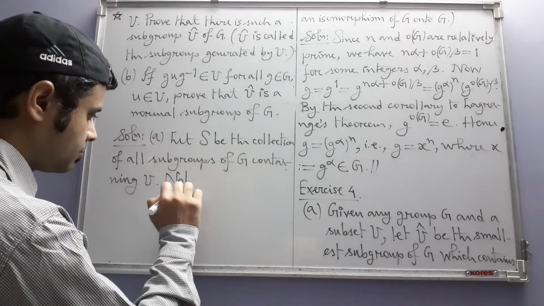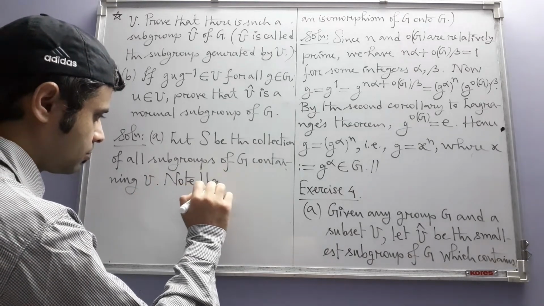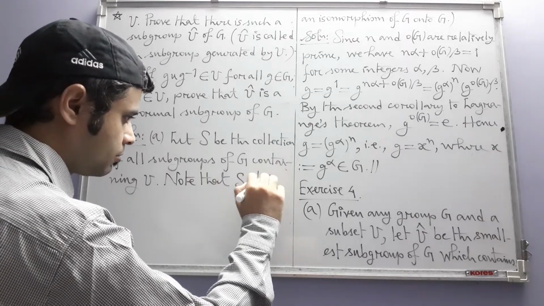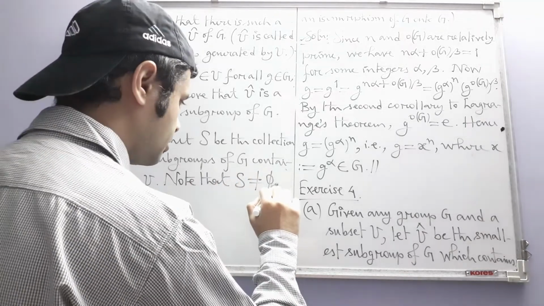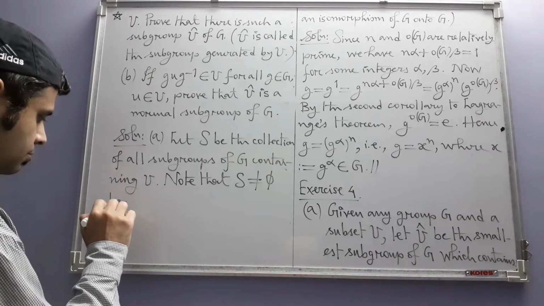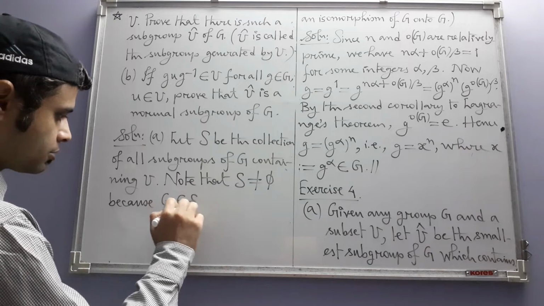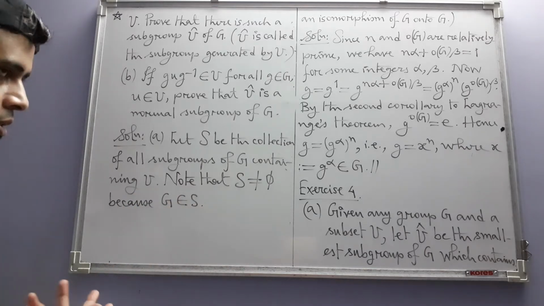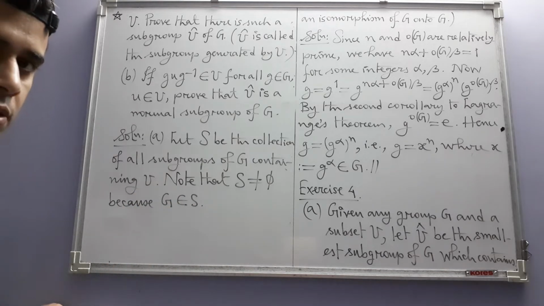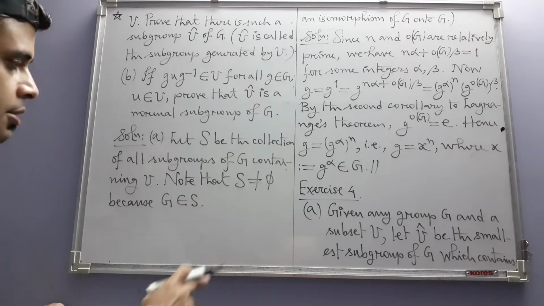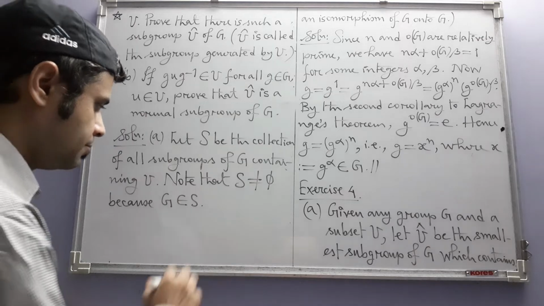Note that S is a non-empty collection because G belongs to S. Since G itself is a subgroup of G containing U, G is an element of S, and as a consequence S is non-empty.